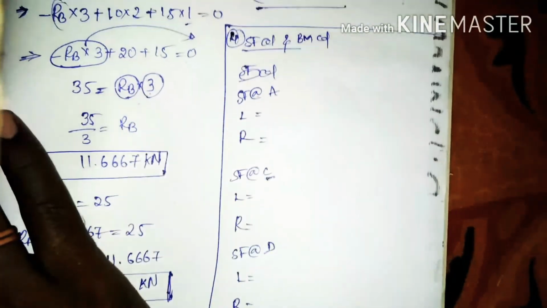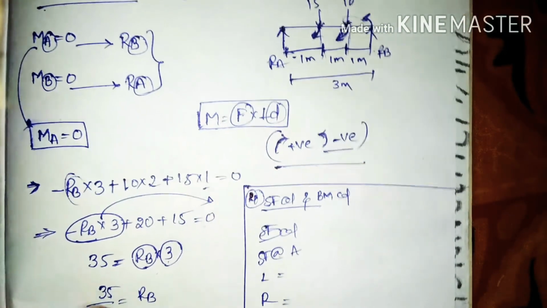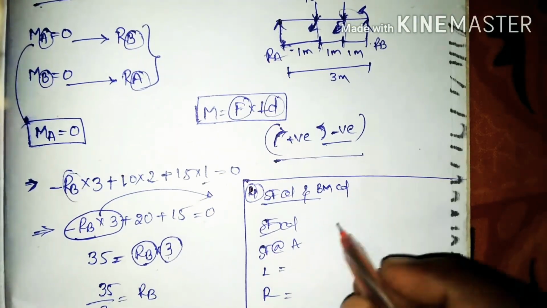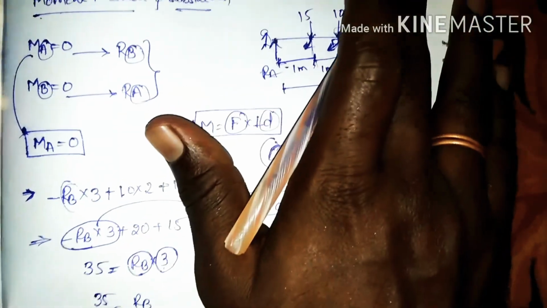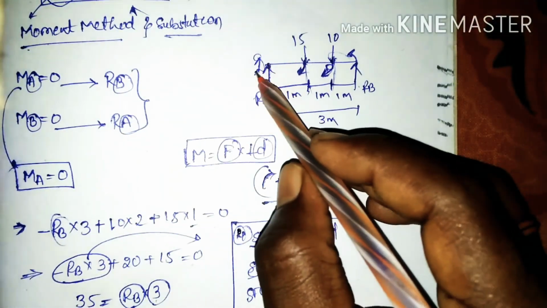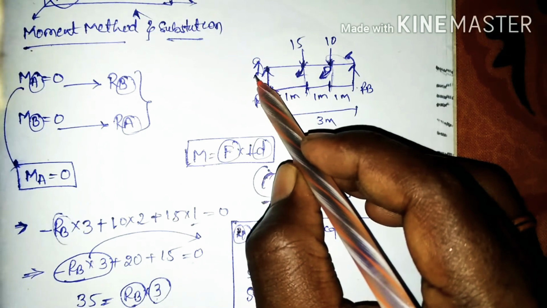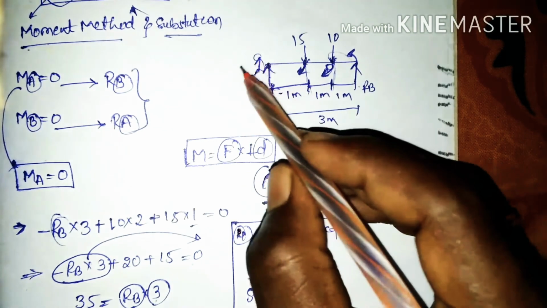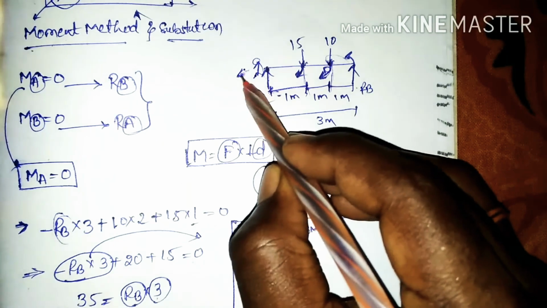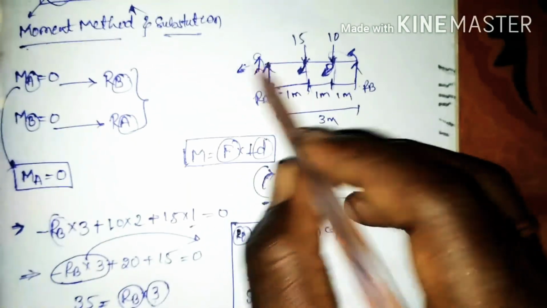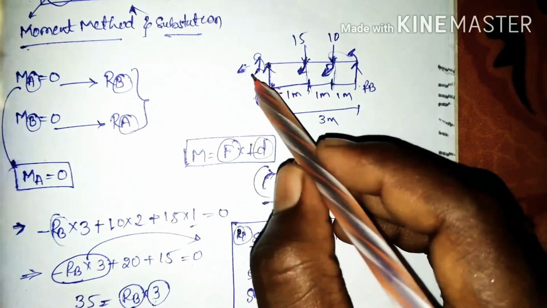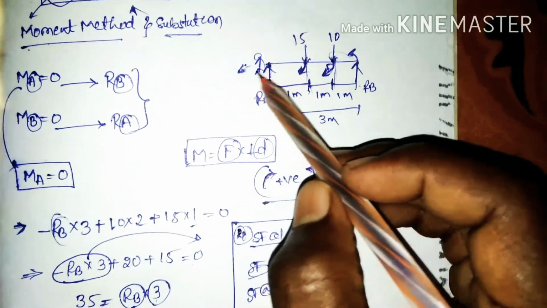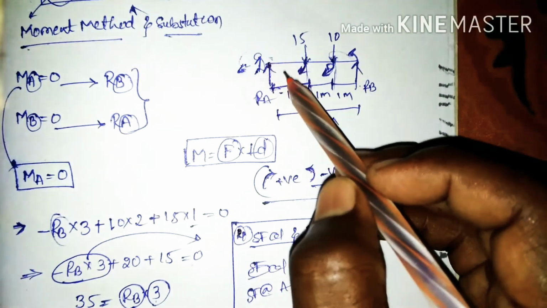For the A support, when I am going to stand just beside A, on the left of A and looking to the left side, there are no loads, no reactions, and no supports attached to this beam.